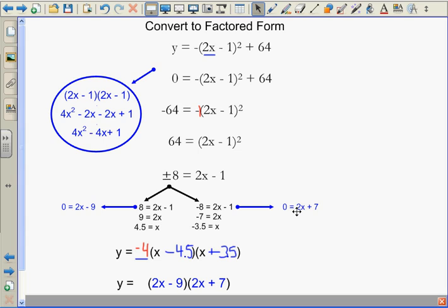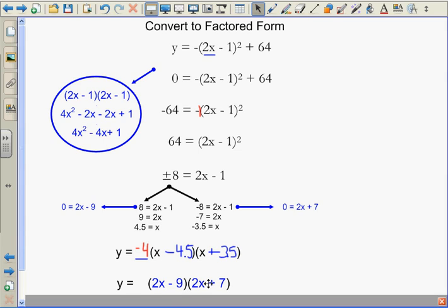Wouldn't you set that equal to 0? And if you solved that, you'd subtract the 7 over, and you'd be right at this step, and you'd still get the same intercept. Same thing here. If I said, what causes this to be 0? You'd set it equal to 0 to figure it out. You'd add the 9 over, and you'd be right here, and you'd still get the same answers. So this factored form has the same answers as this factored form.